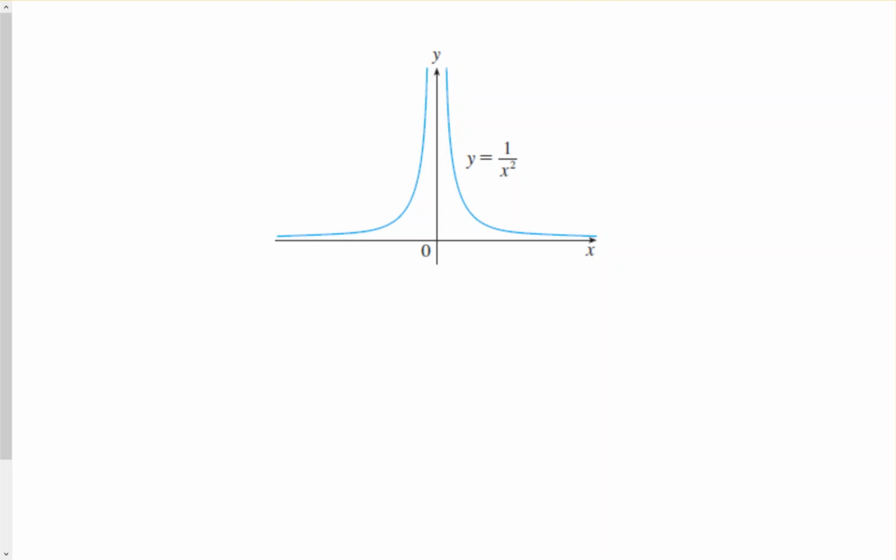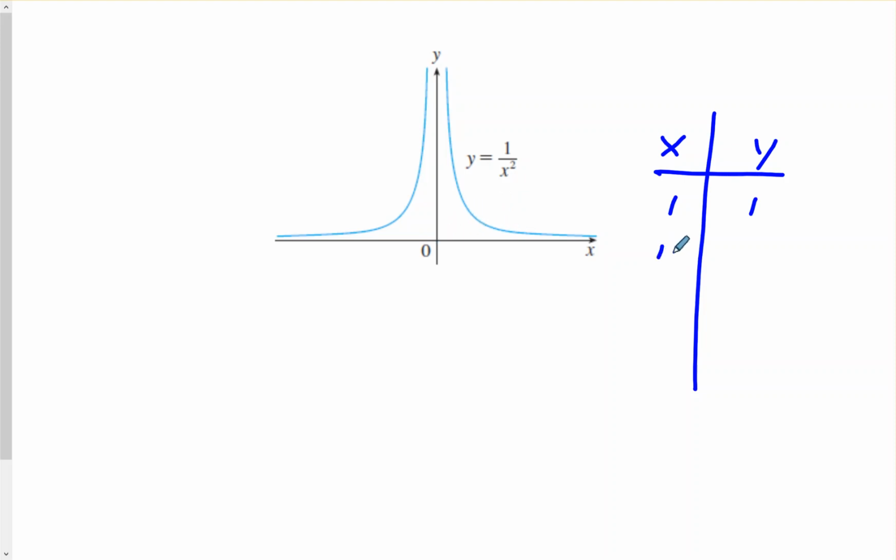If we looked at plugging in values as x approached 0, you'll notice that the values of the function get really, really huge. If we did a little xy table, if we plug 1 in, 1 over 1 is 1. Let's get closer to 0.